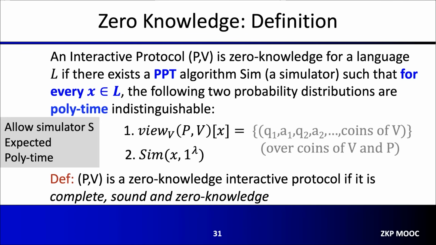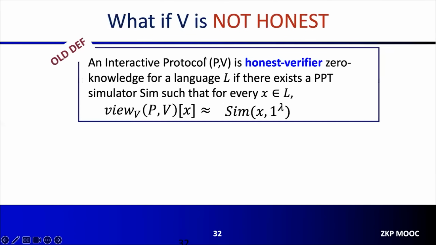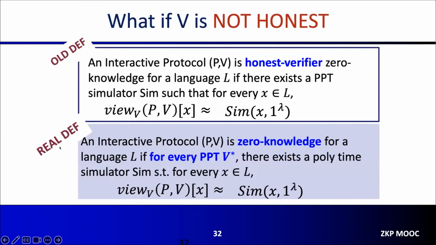One more caveat. In this definition, I never said anything about the verifier. I just said that a particular pair of P and V is zero knowledge if the following conditions hold. But we want the zero knowledge property to hold really for every verifier, even a cheating verifier. So the real final definition has to take into account the possibility that the verifier might be a liar and might be trying to get knowledge when he shouldn't. So he's not honest.